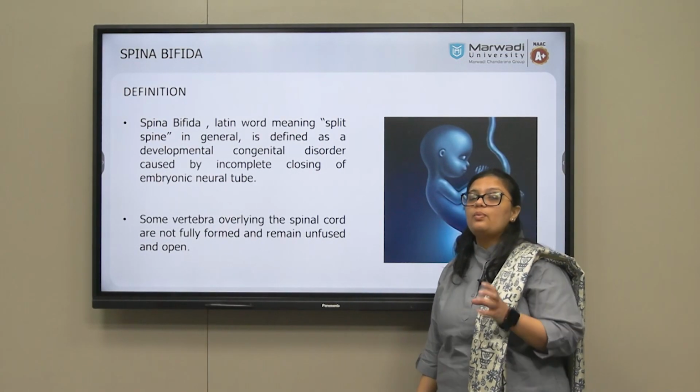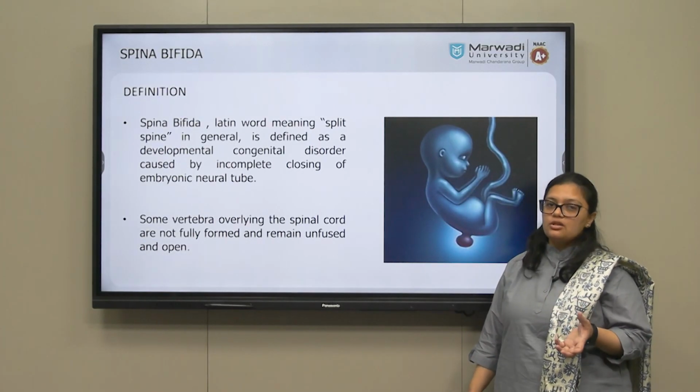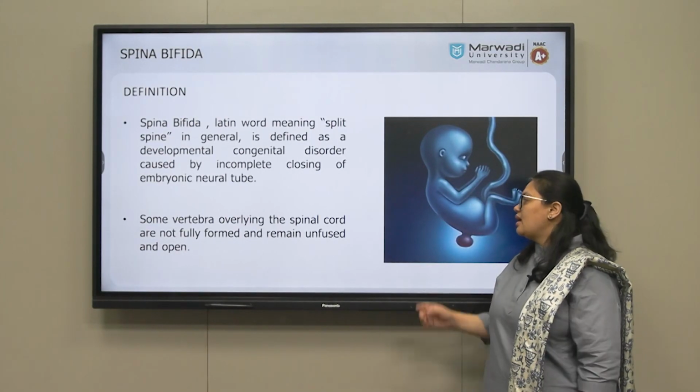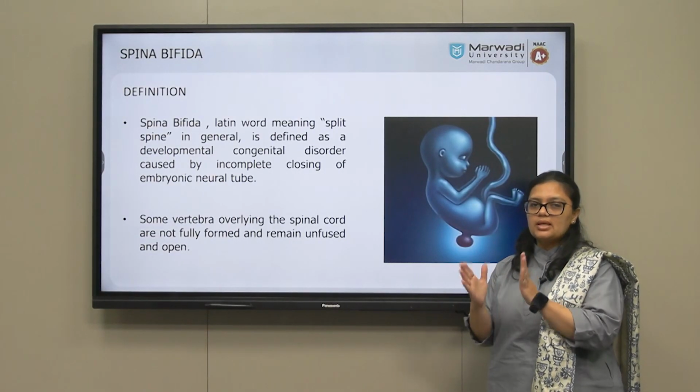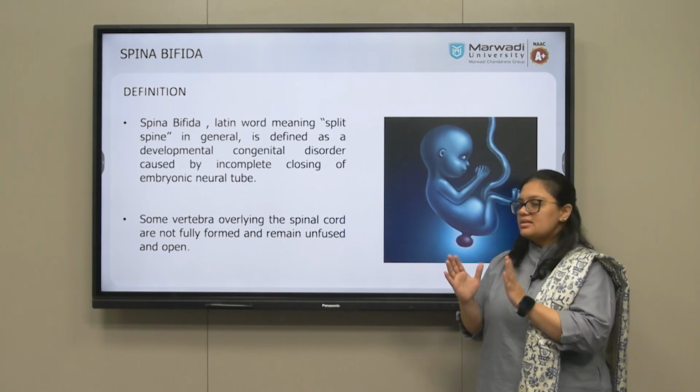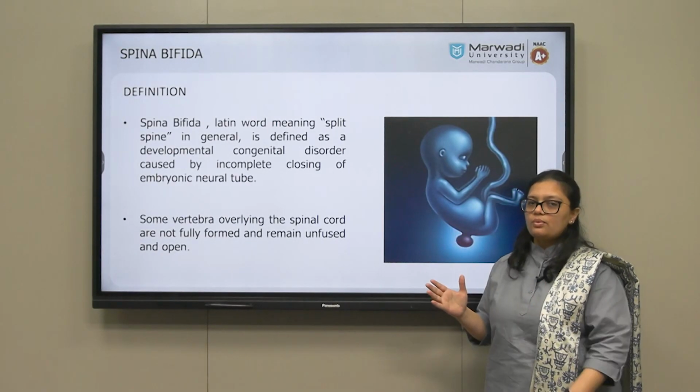Now, we know that when the embryo starts developing in the mother's womb, the first thing that builds up in the body is the spine. That is why we get a structure to our body.